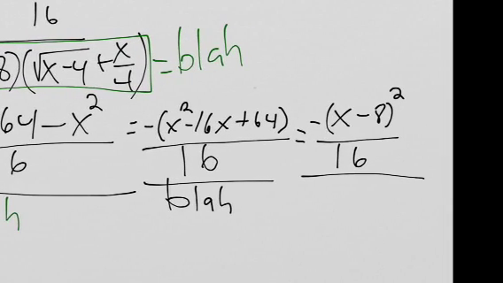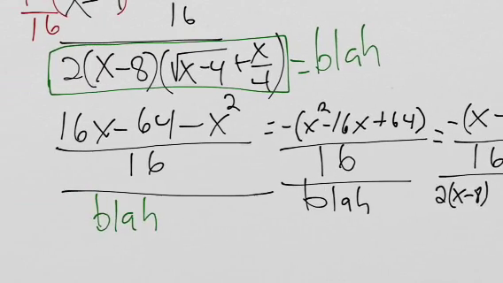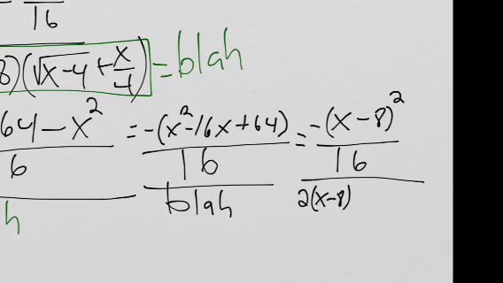So blah is 2 times x minus 8 times the square root of x minus 4 plus x over 4.